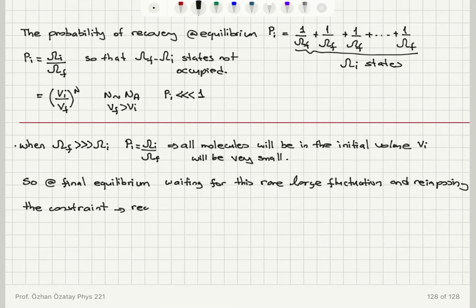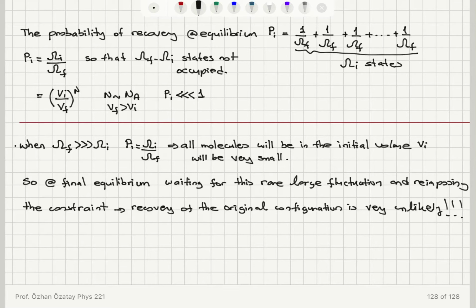Basically, a recovery of the original configuration is very unlikely. Okay, so this is an important conclusion.